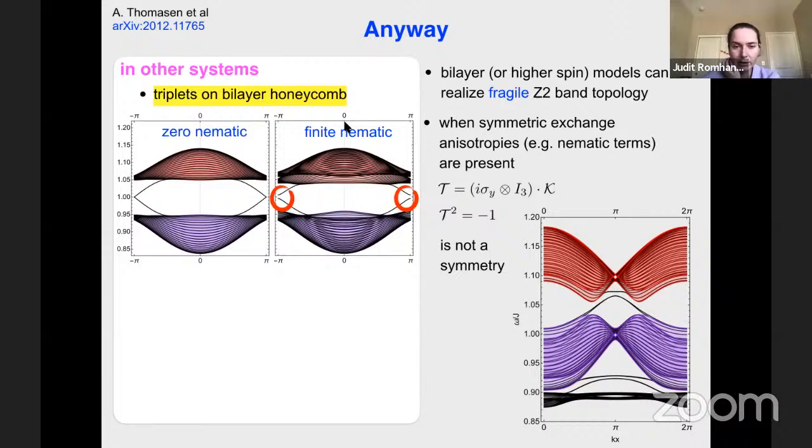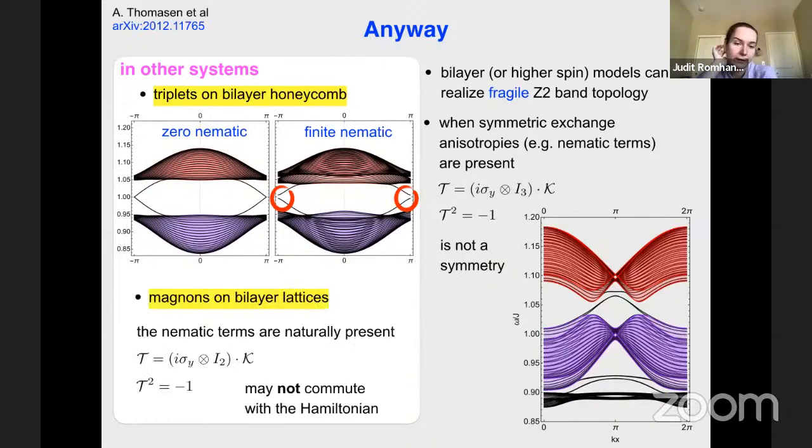But if we have finite nematic interactions, then we would have a splitting again within these edge modes. And the story is exactly the same. We would have something similar, except a 3x3 matrix. We had a 2x2 matrix here, but it would look very similar otherwise.